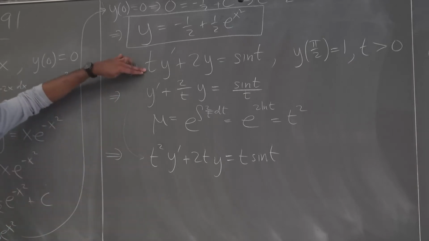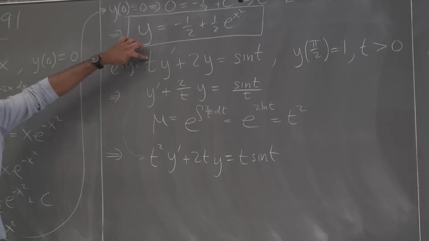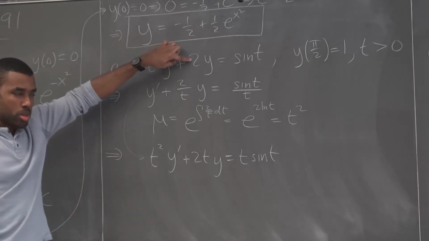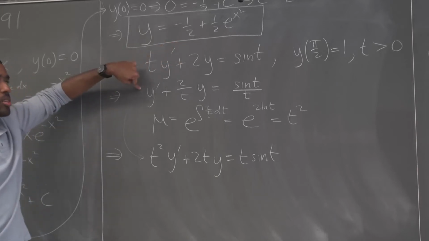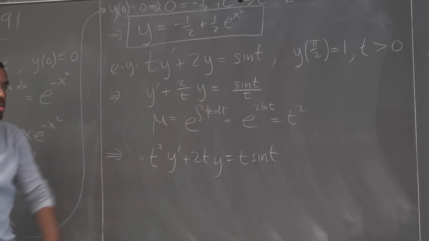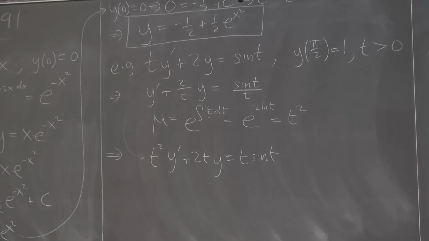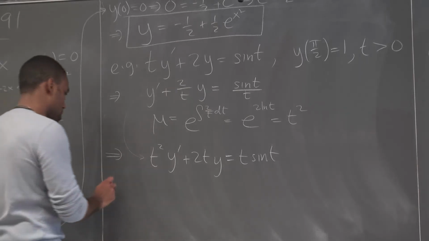Notice that here, if you saw it, you could have realized that if you multiply through by t, it would have worked, because this would have given you t squared, this would have given you 2t. But if you don't see it, don't worry about it. Put it in standard form and find your mu and then multiply. It'll save you some time.